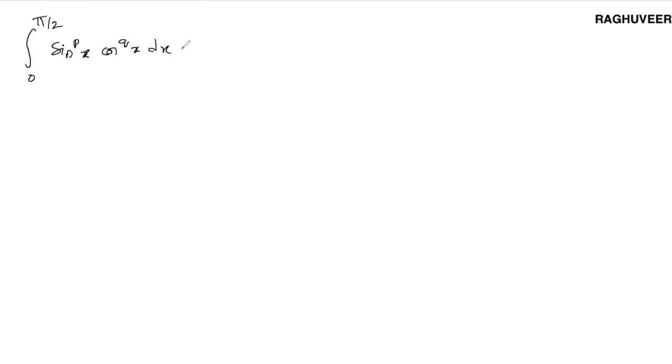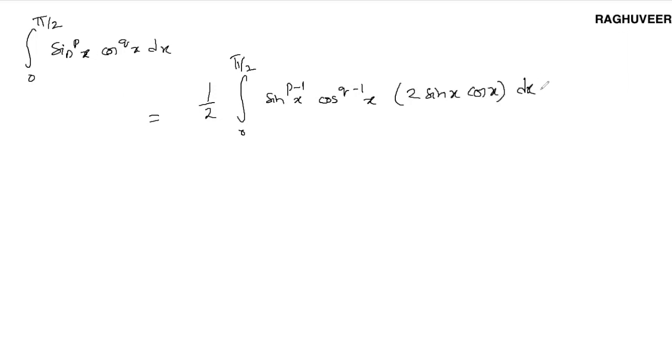Okay, so this can be written as 1 by 2 integral 0 to pi by 2 sine to the power p minus 1 x cos to the power q minus 1 x into 2 sin x cos x dx.